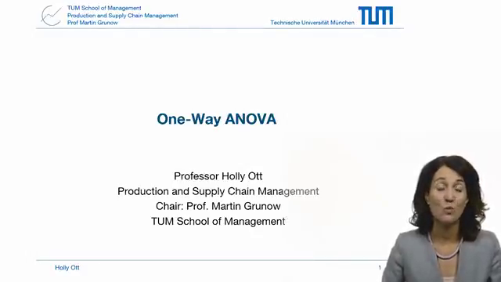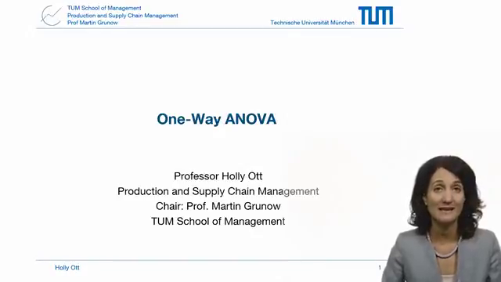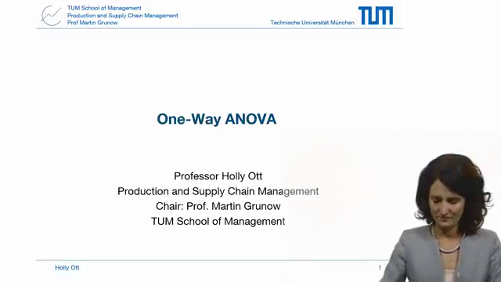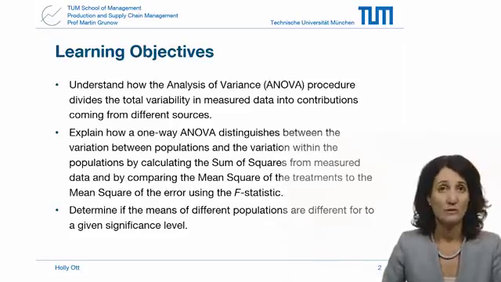We've just discussed when an analysis of variance is used, and now we want to go through the mechanics of performing a one-way ANOVA. So what we would like to do in this section is to understand how the analysis of variance procedure divides the total variability in measured data into different contributions from different sources.